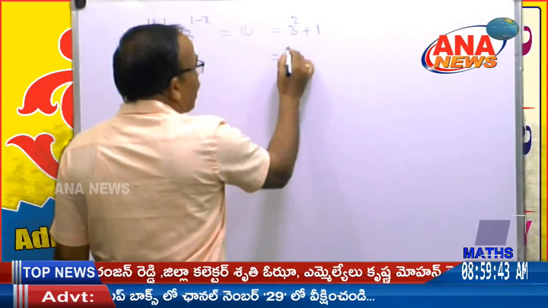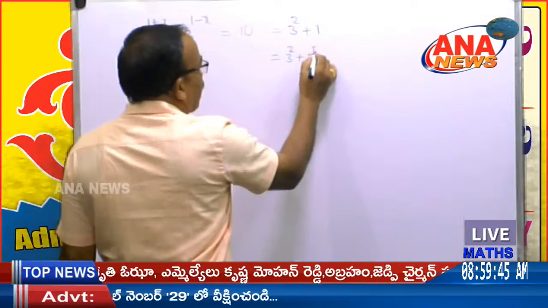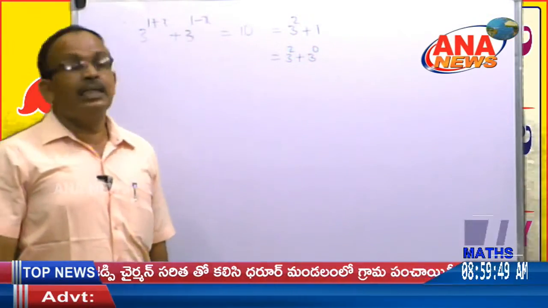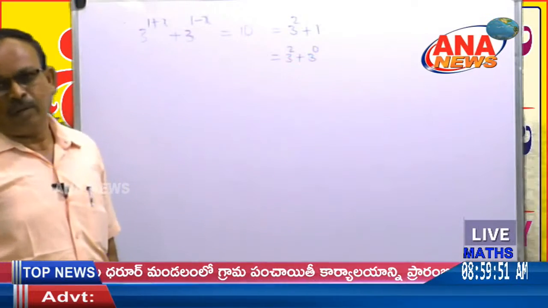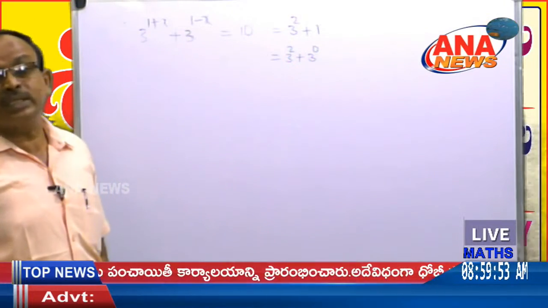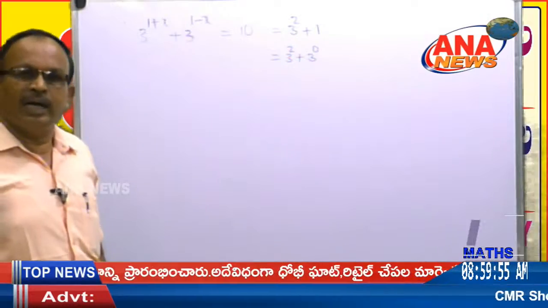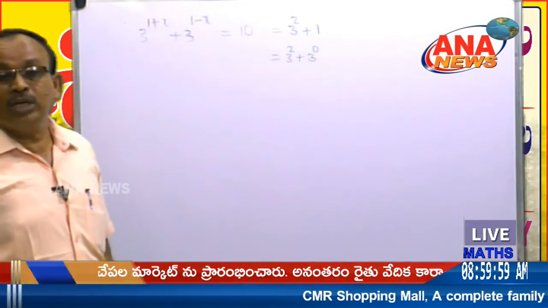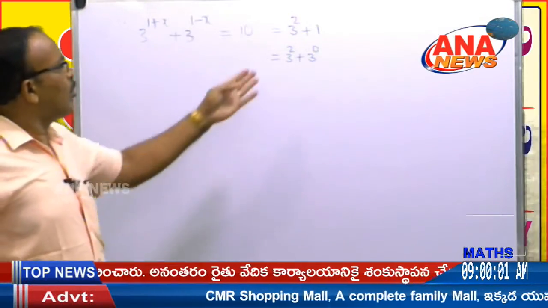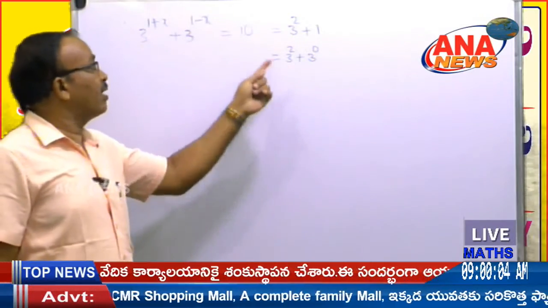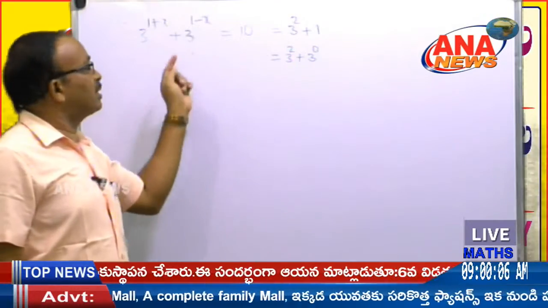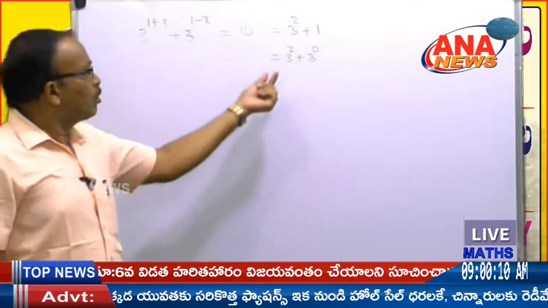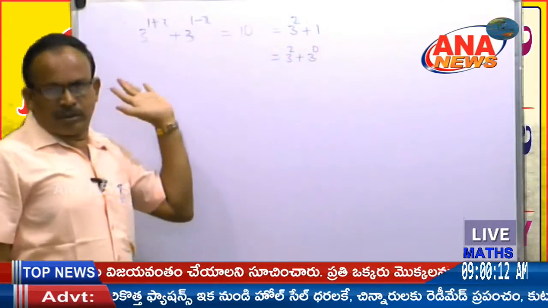That is nothing but 3 square plus 3 power 0, because a power 0 is 1 when a is not equal to 0. So that is 3 power 0. Here both have base 3, that's why 3 square, 3 power 0. So this is clearly 10, of course.